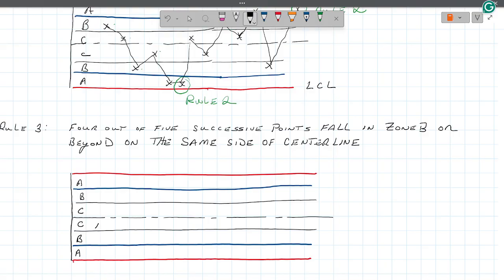Okay, first point here, next point there, next point will be up above the center line.